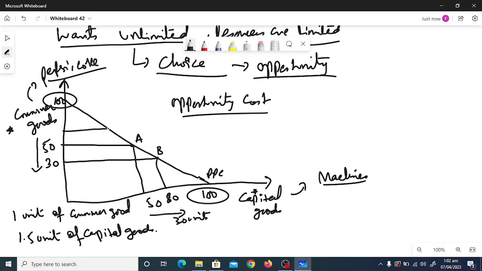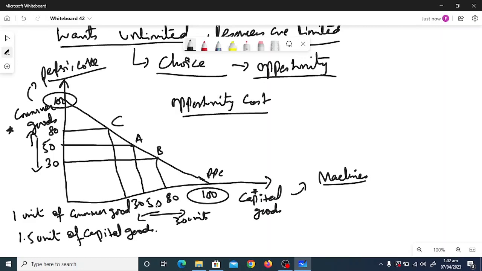If I'm asking what is the opportunity cost of moving from point A to C, and I label this, let's suppose at this point it is 30. The question is asking the opportunity cost of moving from A to C, so I'll compare A to C. For A to C, I'm getting an additional 30 units, but because of that I have to leave 20 units.